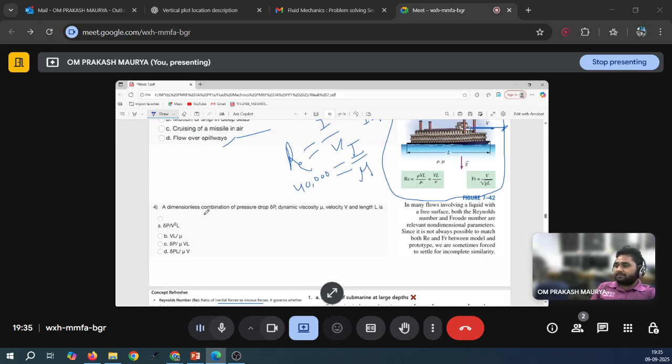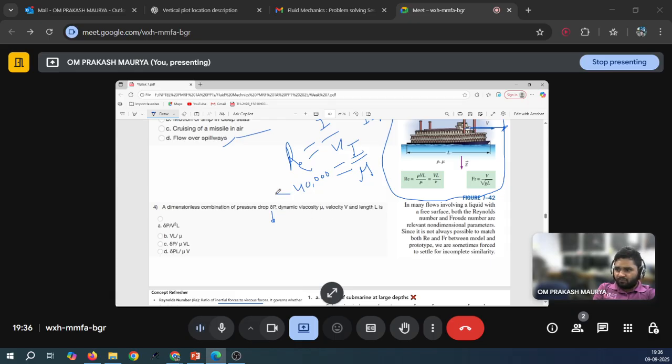So now let us discuss question number 4. A dimensionless combination of pressure drop delta P, dynamic viscosity mu, velocity V and length L. So how will you decide? Because we are going to discuss the dimensions, there is no meaning of drop here. So assume the pressure, viscosity, velocity and length.